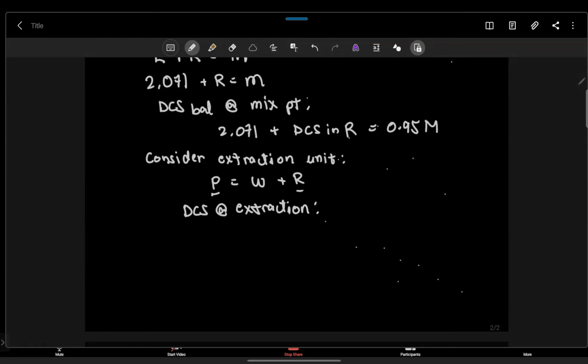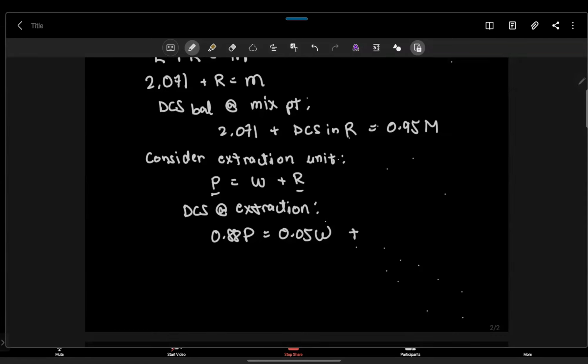So what I'm doing here is really going through each unit one by one and going through each component as if possible one by one hanggang sa may mapala ako na. So if we perform DCS balance at the extraction unit, okay, do we have the composition of DCS in P? Meron tayo niyan. 0.88 of P is DCS equals 0.05 of W. Okay, kasi 5% daw yung DCS of W, right?